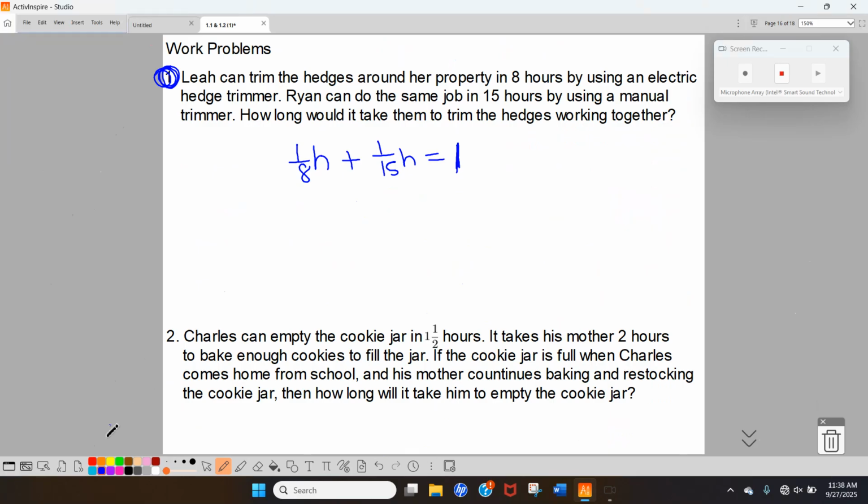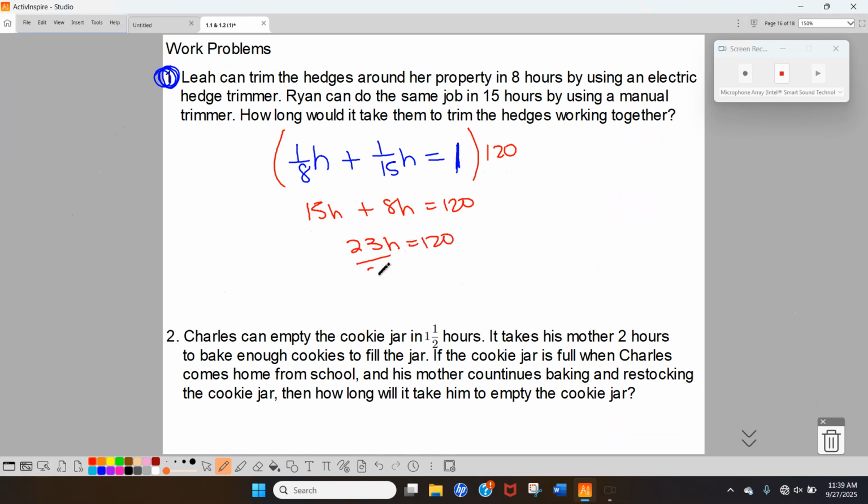All right, so then to solve this, we're going to multiply by a common denominator. So 8 times 15 is 120. Is there something smaller than that? Likely, but it's not important. 120 works. So this would be 15h plus 8h is equal to 120. So then 23h is equal to 120.